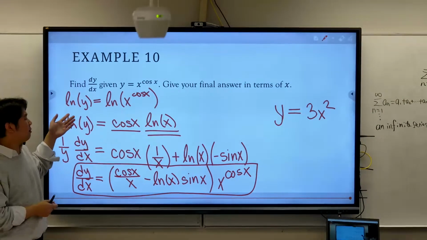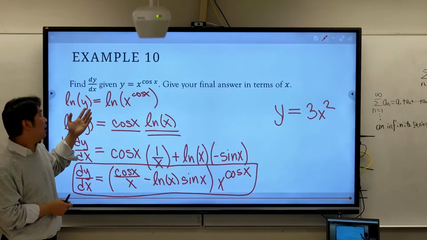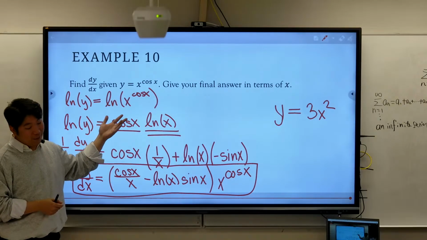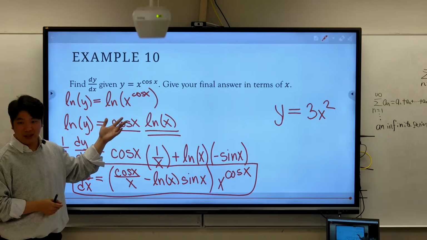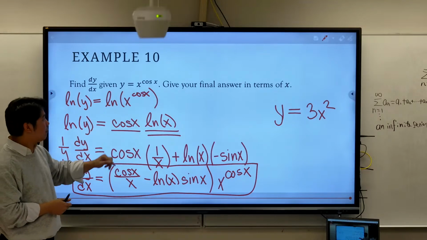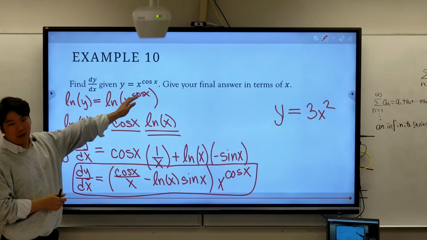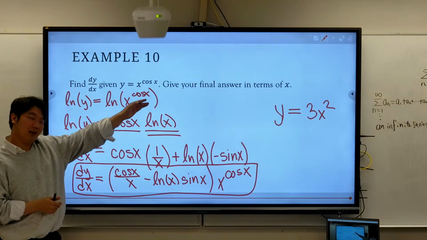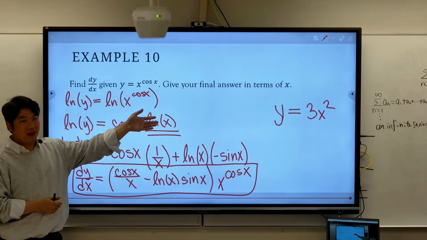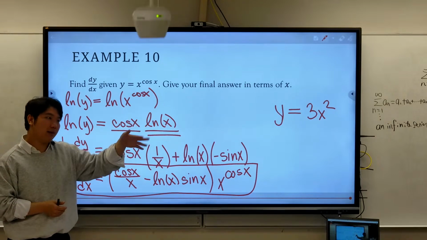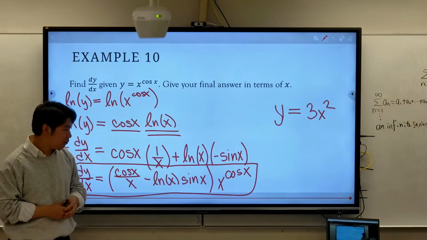And technically, for problems 8 and 9, you could have probably worked through them without log differentiation if you were using some clever methods. But in this one, based off any of our rules, there wasn't much we could do without log differentiation, primarily because we never saw x to an x power. We saw a number to the x or x to a number power.